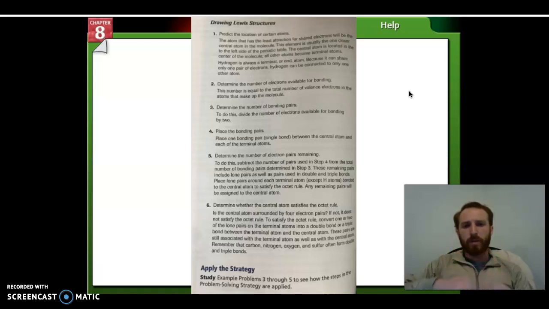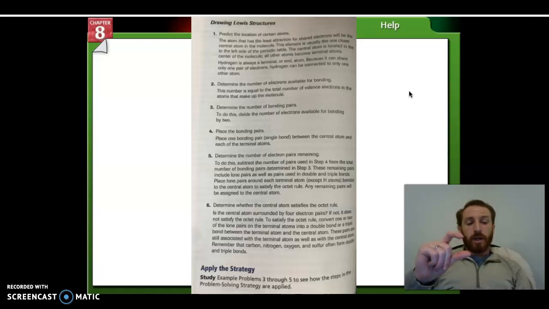Okay. Once you've figured out central and terminal, determine the number of electrons available in total. So carbon's got 4 valence electrons, and each of the hydrogens has 1. So 4 plus 4 is 8. Divide that number by 2, you get 4. So there's 4 electron pairs that you can work with, right?